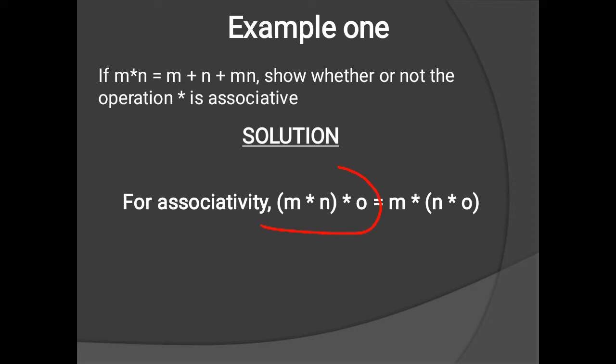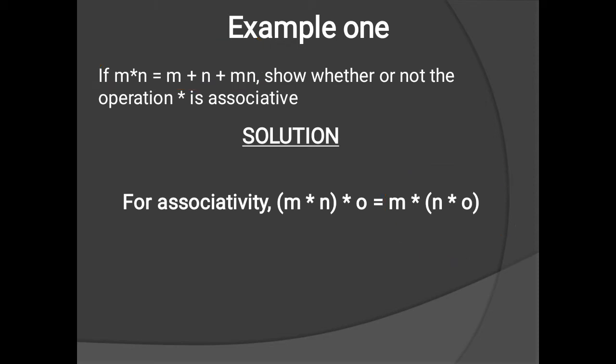We solve this using the given operation or given rule, or rather, the given definition. After that, we solve the other side of the grouping using the same rule or definition. Then we compare our answers. If they are equal, then we say that our operation is associative. If they are not equal, our operation is not associative.